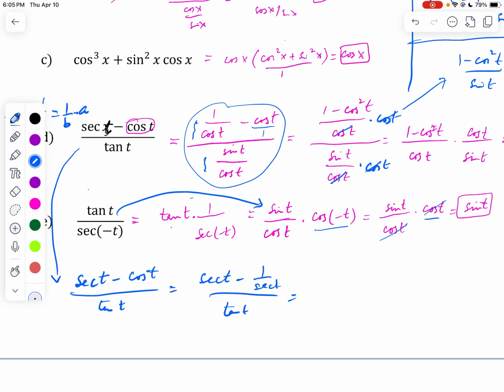Then we take the common denominator in the numerator, which is secant of t, and rewrite it. So I can get secant square t minus 1 over secant of t, divided by tangent of t.